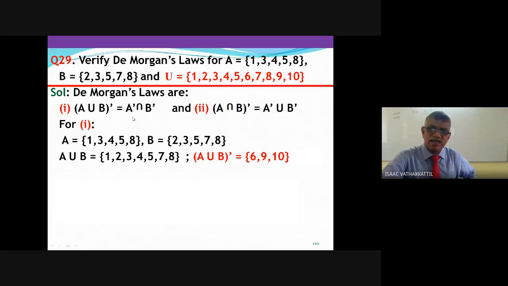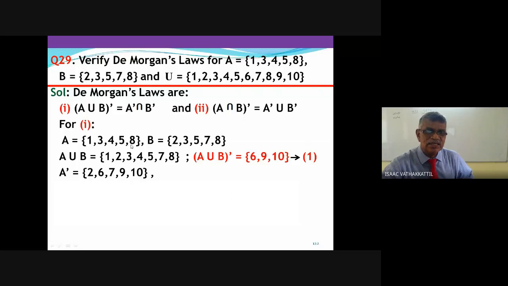Now I want A dash intersection B dash. What is A dash? A is 1, 3, 4, 5, 8. A dash will be 2, 6, 9 and 10. What is B dash? B dash will be 1, 4, 6, 9, 10. What is common to A dash and B dash?